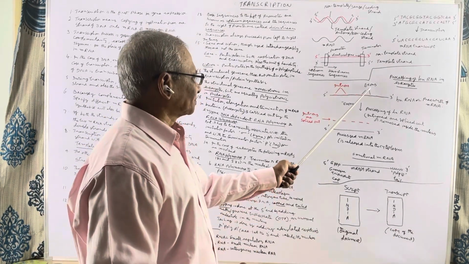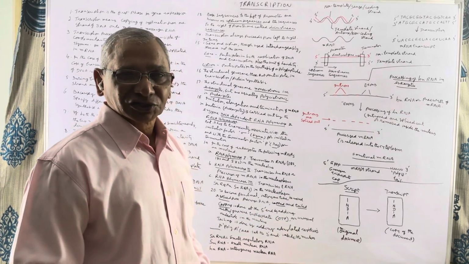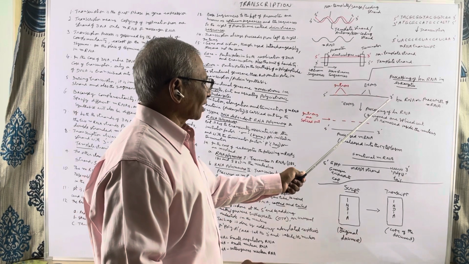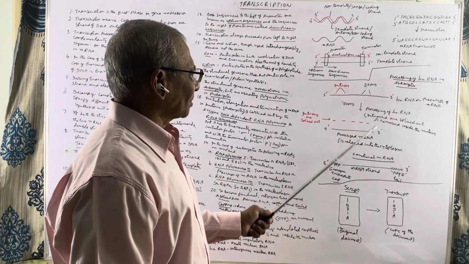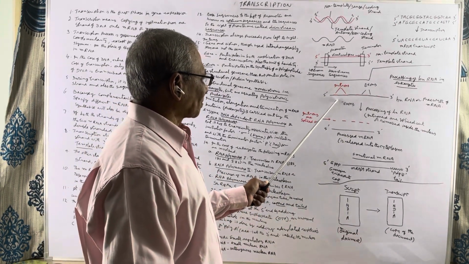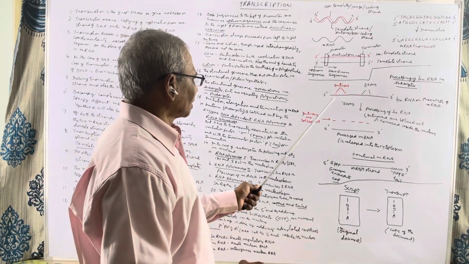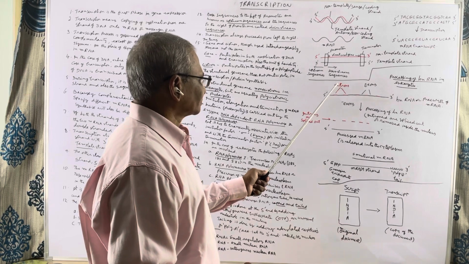Only exons participate in translation. So, the heterogeneous nuclear RNA has to be processed. This process involves removal of the introns.